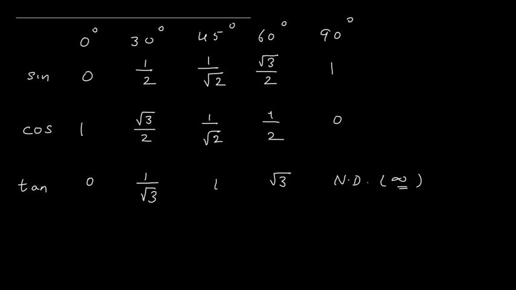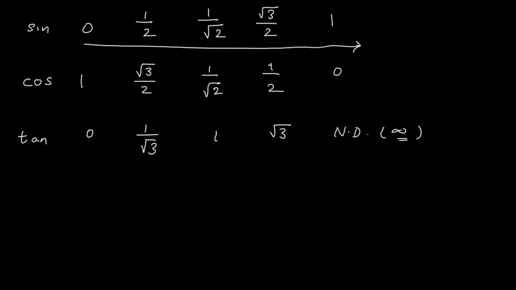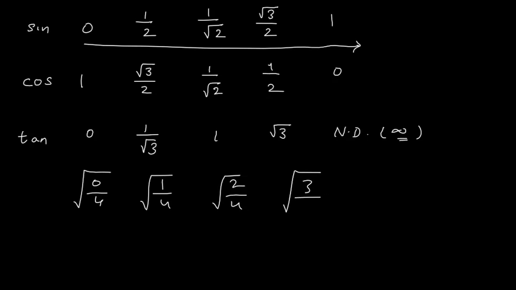Now there are some tricks also to draw this table. If you see these sine values, they are nothing but the square root of 0 upon 4, 1 upon 4, 2 upon 4, 3 upon 4 and 4 upon 4.